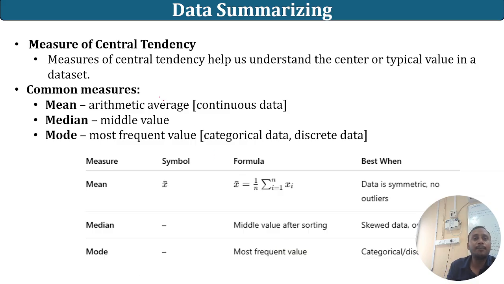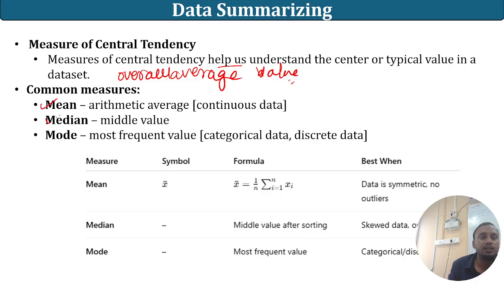The measure of central tendency helps us understand the center or typical value in a data set. It's like an average value, the overall average value. For that we have the mean, the median, and the mode. The mean is the arithmetic average.